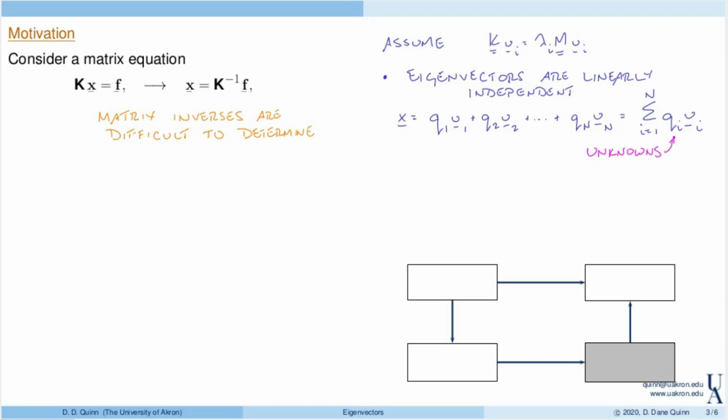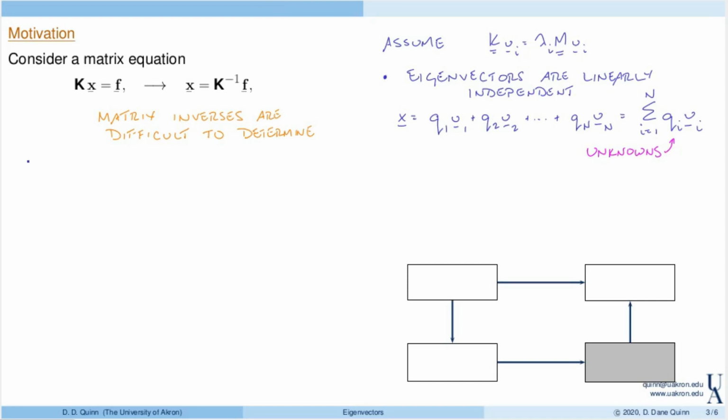All these coefficients are essentially unknown because I don't know x. Now, if I knew x, we could find all of these different q's. But in general, we can write any vector as a combination of n independent eigenvectors.